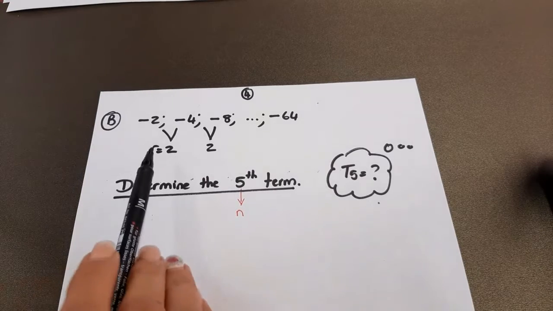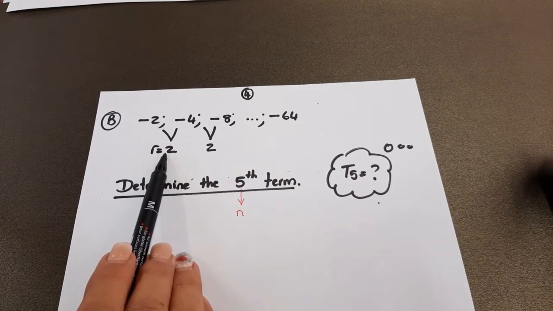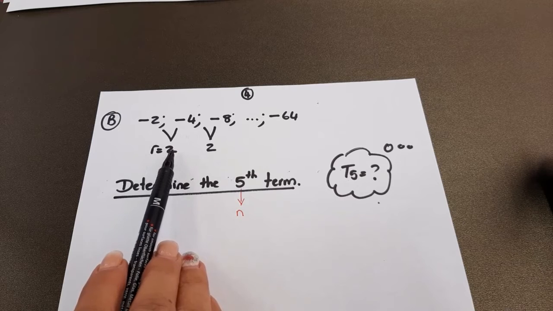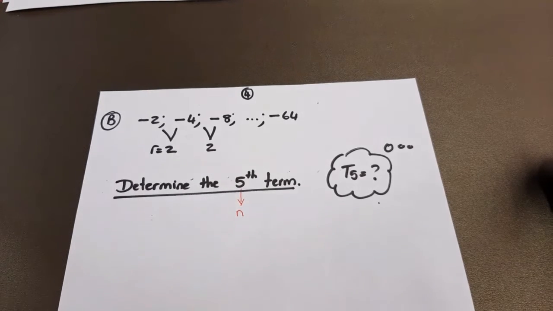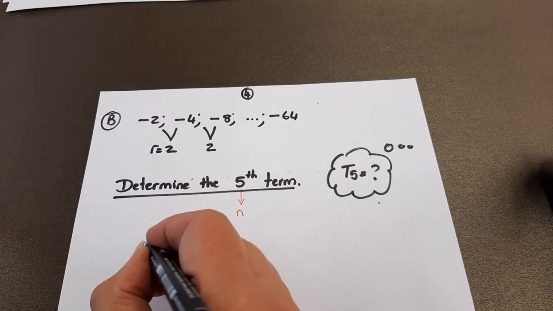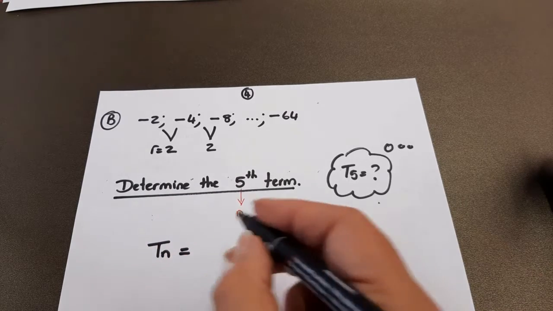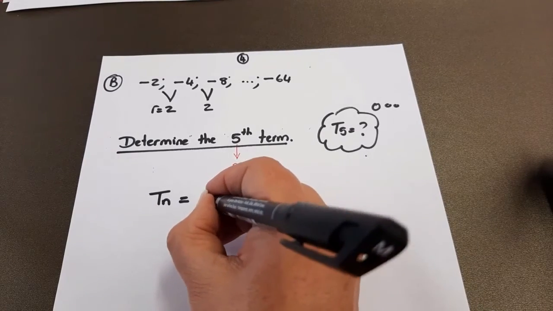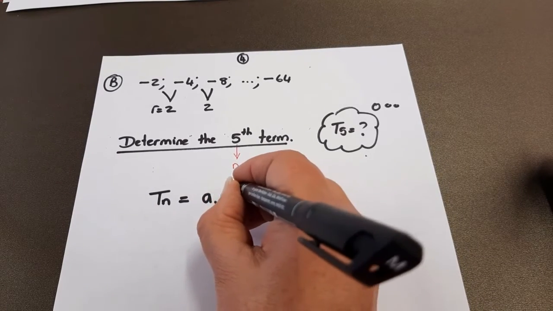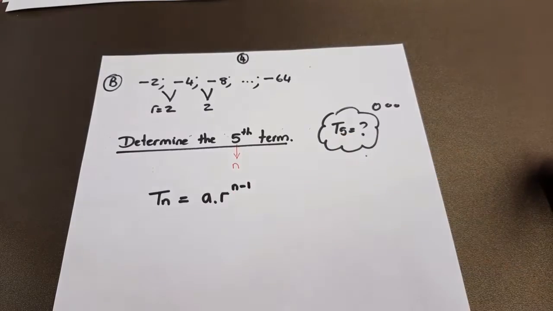Again, we know that we are working with a geometric sequence because we have a general ratio which is constant. So we use our geometrical sequences formula, A times R to the power of n minus 1.